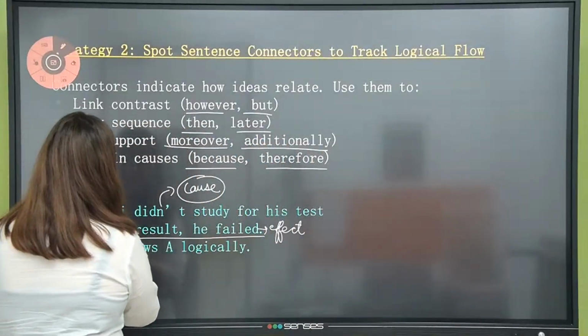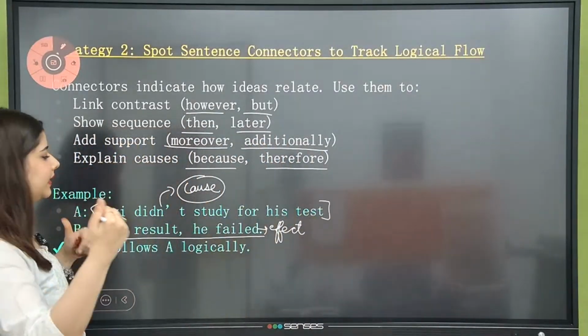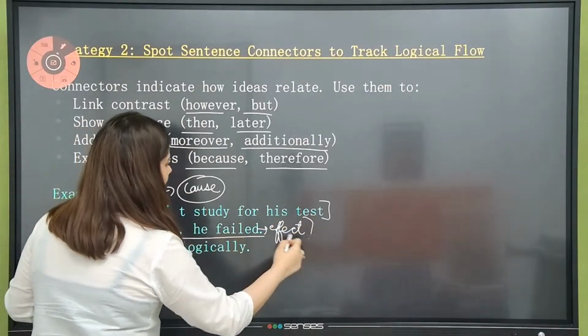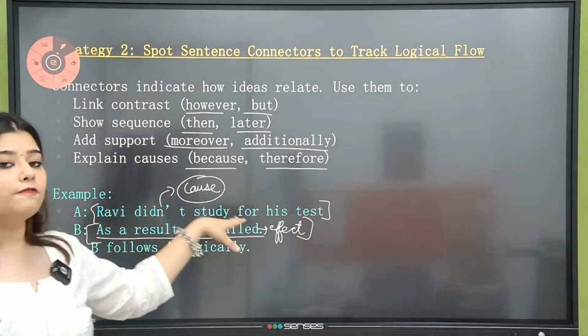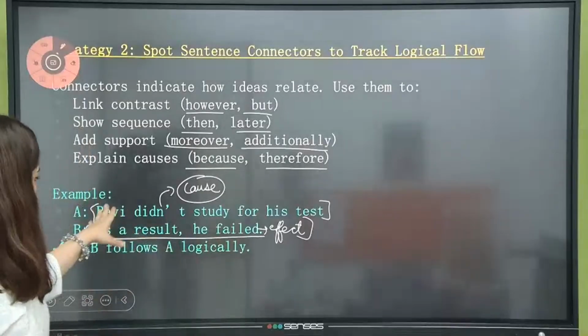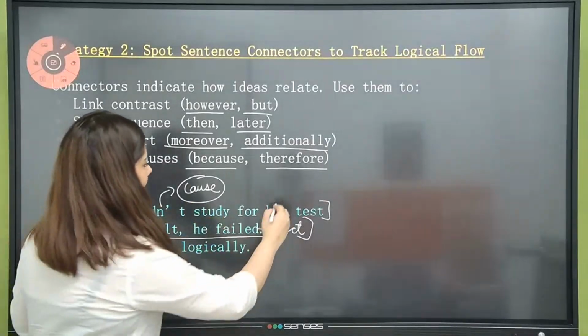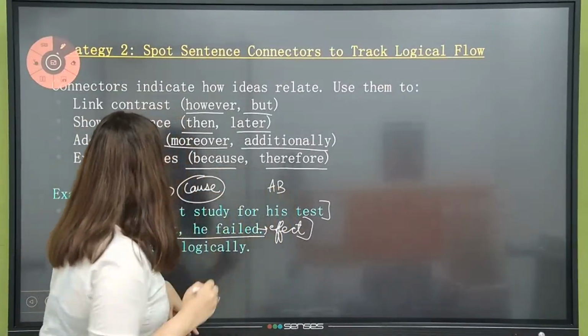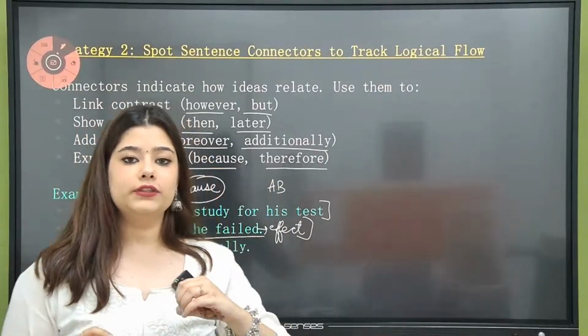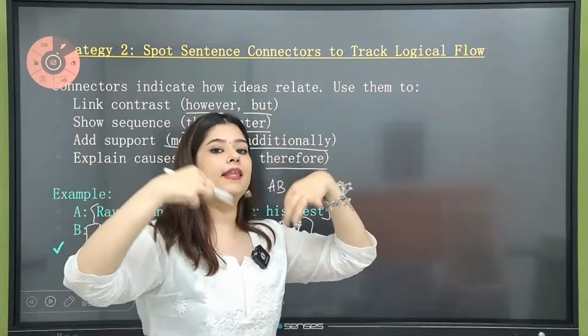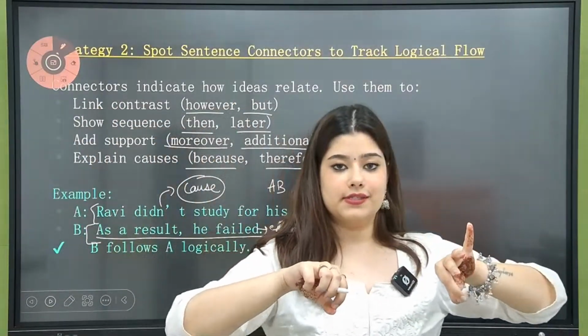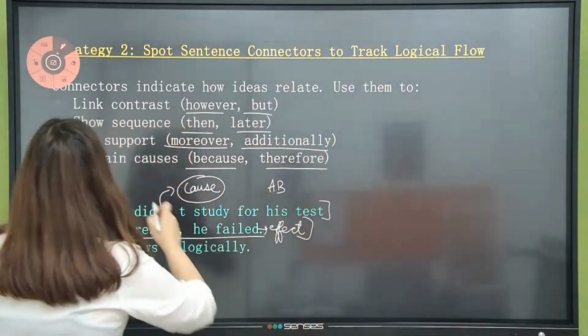So we keep this as our first sentence and then the effect should follow. So B will follow A. So first, Ravi didn't study for the test and then as a result, he failed. I cannot say as a result he failed and then Ravi didn't study for his test. That does not make sense.